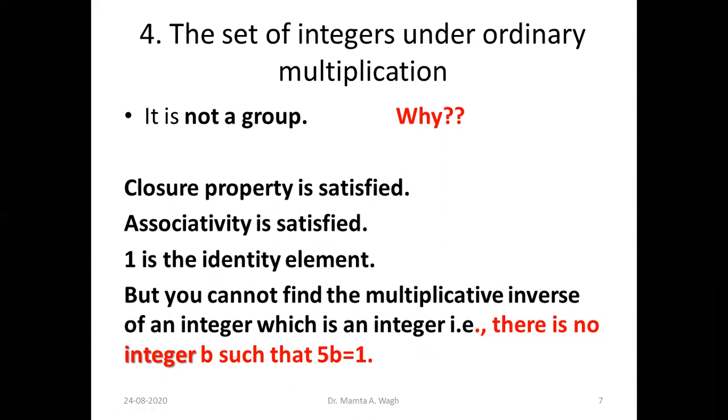If you take 5, then the inverse of 5 is b such that 5 into b is 1. So b will be 1 upon 5, and 1 upon 5 is not an integer. We are going out of the set of integers, we are going into fractions. So we are not finding an inverse of this element. This shows that the set of integers under ordinary multiplication is not a group.